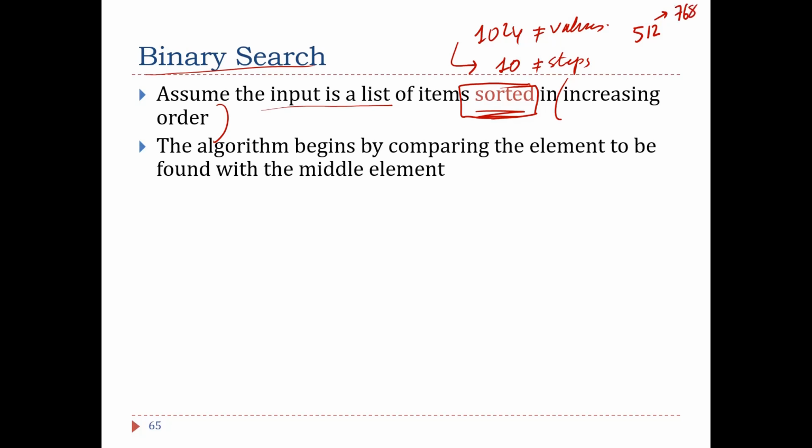If they tell you that the number is less than 512 at the first step, then ask whether it is less than or bigger than 256. If it is less than 256, ask if it's less than or bigger than 128.